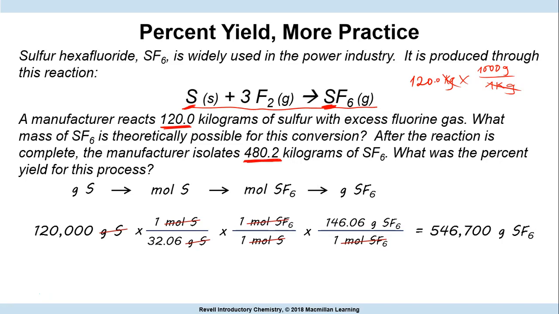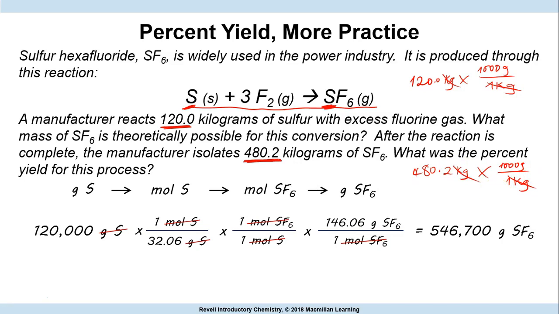But what was the actual yield? The actual yield was 480.2 kilograms. Now, we also have to convert 480.2 kilograms to grams. So we are going to multiply that by the conversion factor, 1000 grams over 1 kilogram. The kilograms here will cancel, and we have the answer in grams.